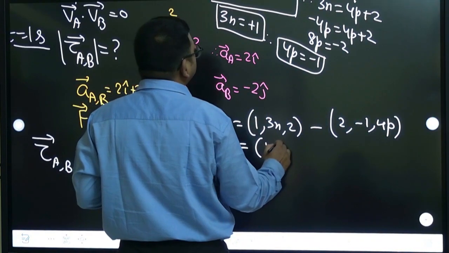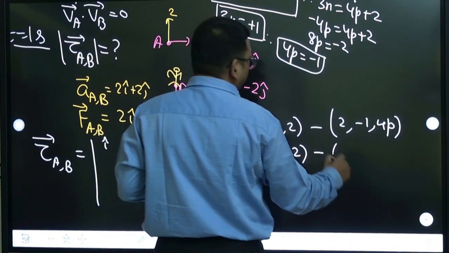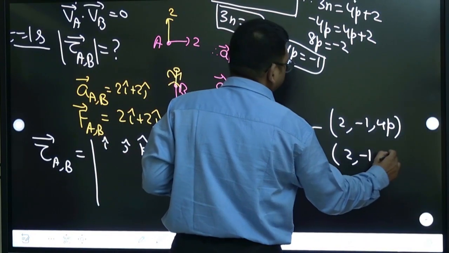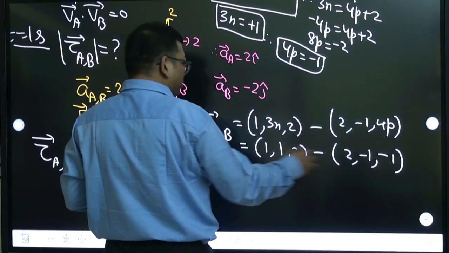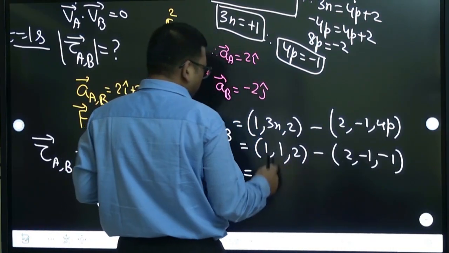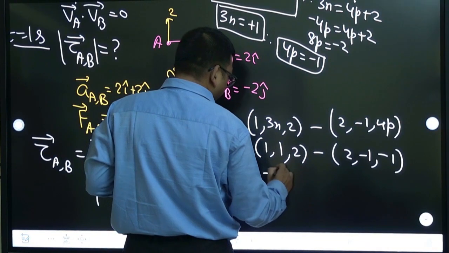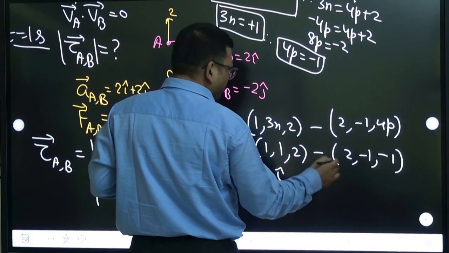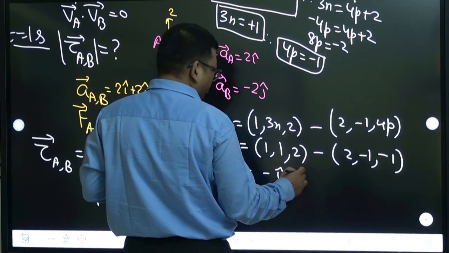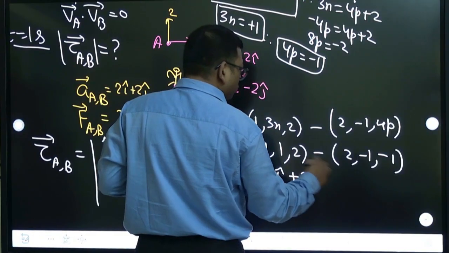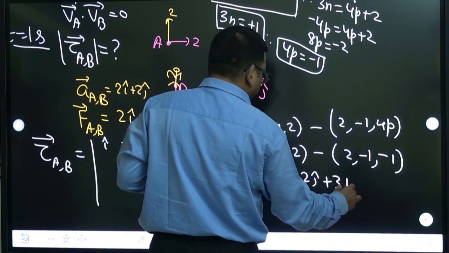So this is 1, 3n is 1. This is 2 minus 2 minus 1, 4p minus 1. Now you calculate, subtract this minus this. So when you subtract 1 minus 2, so minus 1 i cap, and then 1 minus minus plus 2 j cap, 2 minus plus 3 k cap. This is what it is.